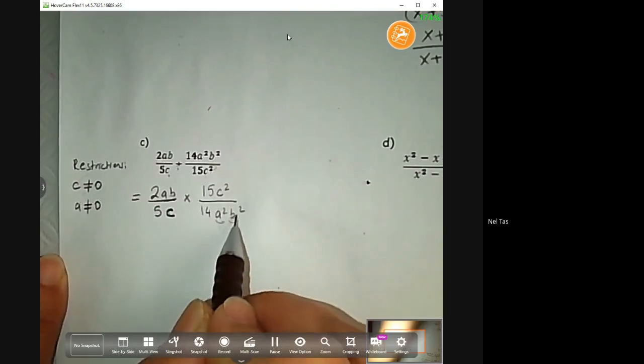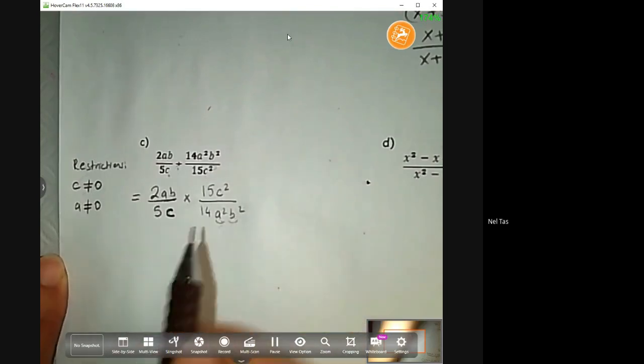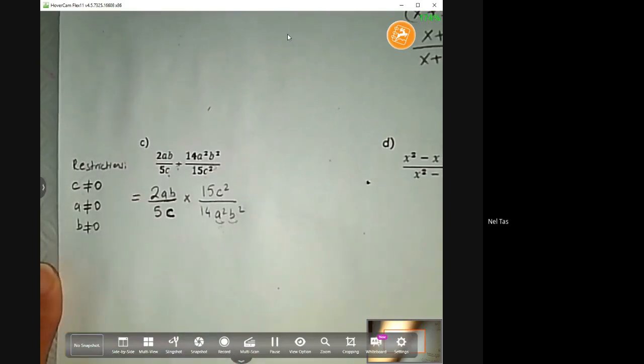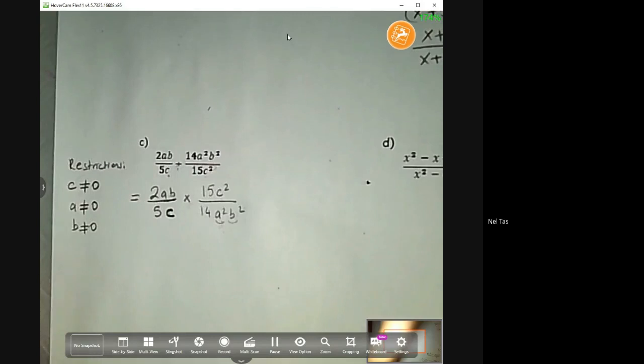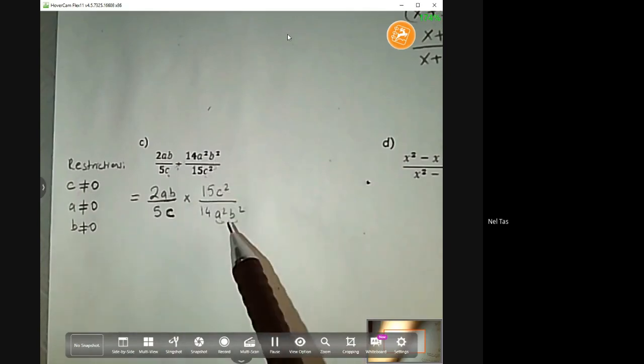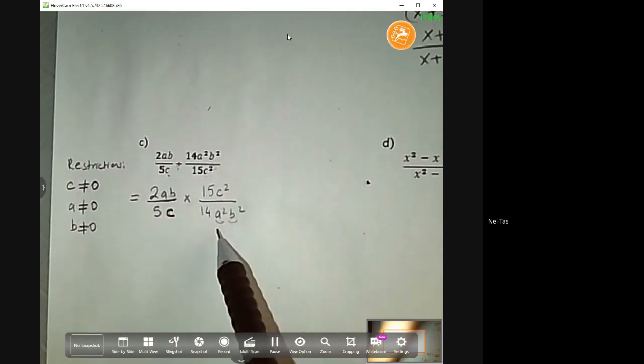If b is 0, b squared is 0, then this denominator becomes 0. So b cannot be 0 as well. So when you are doing the division, you need to be careful. Before you flip, you look at the denominator. After you flip it, you again look at the new denominator. And then take the restrictions from there too.